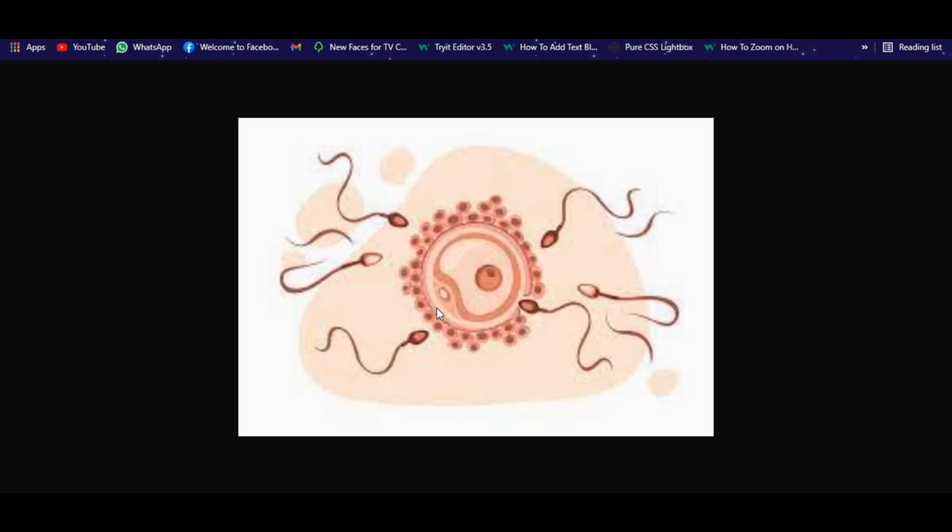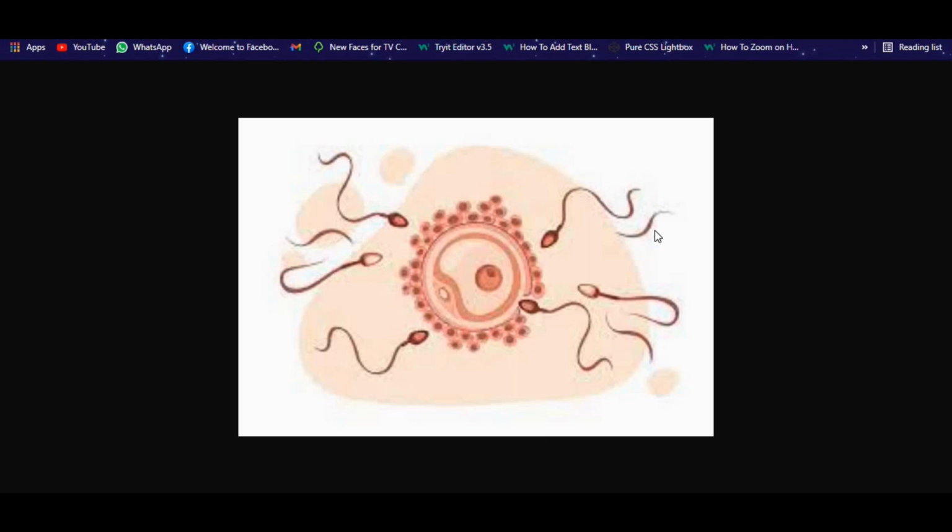What we see here is the sperm entering the egg itself, through this little opening. When it enters and gets to the middle, the cells will merge with each other, and that's how the fertilization process will begin.